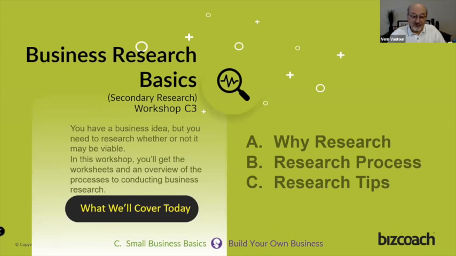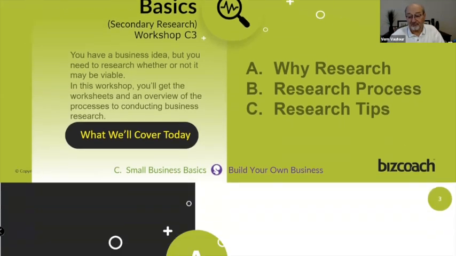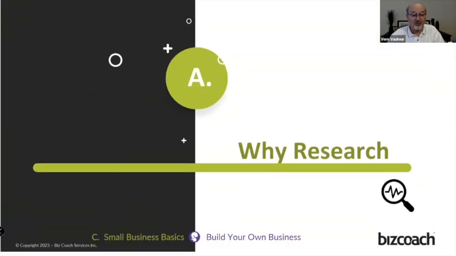So the three main topics I'm going to talk about are why research, the research process, and I'll follow up with some tips at the end. So why research? It's very important to understand that in starting a business, you want to make sure that you collect enough information so that you make wise decisions.